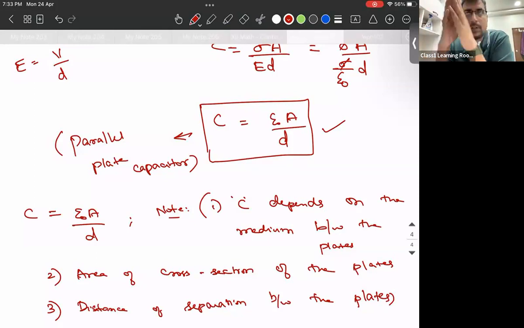So these are the two major concepts that are left out in this chapter, which I'll cover in the next class. Is the point clear? So the remaining concepts I'll explain in the next class, and then we will solve the problems based on this chapter.